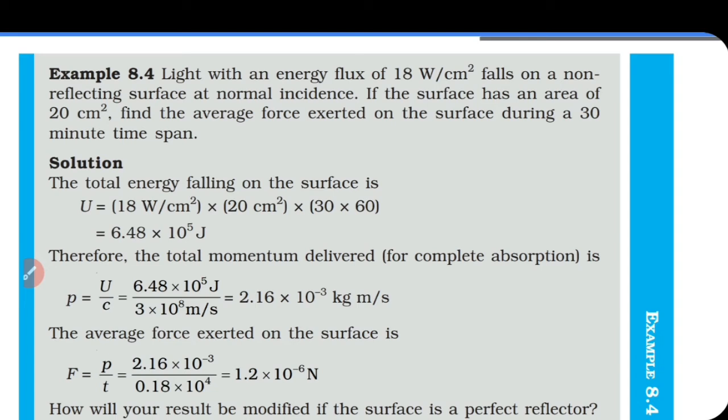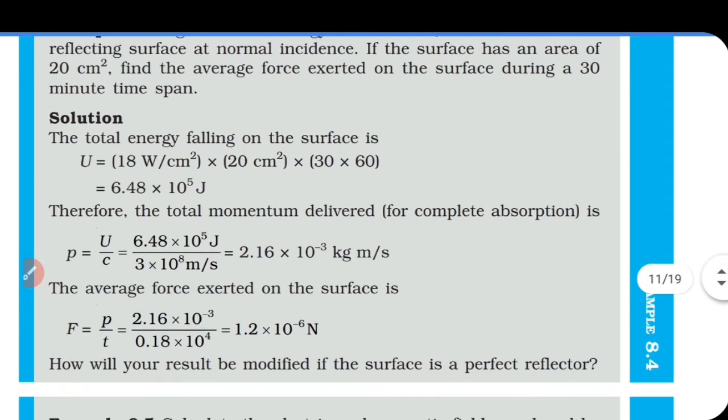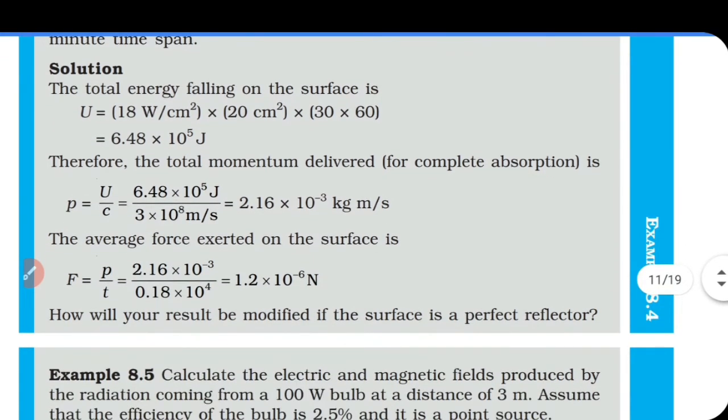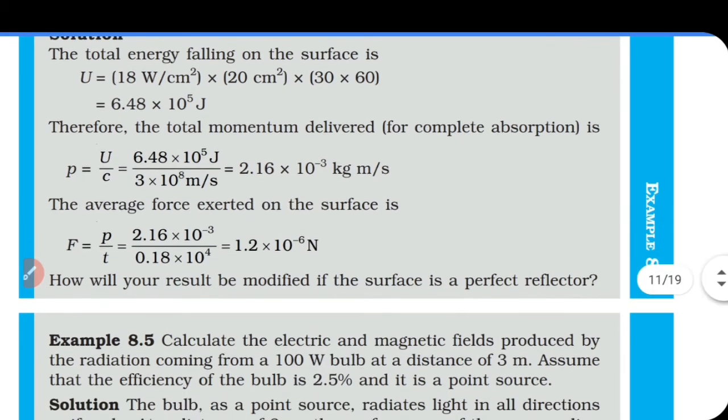We can keep the unit as such, and minutes we need to convert to seconds. So the expression for total energy falling on the surface becomes 18 into 20 into 30 into 60. So we get it to be 6.48 into 10 raised to 5 joule. So that is the total energy falling.